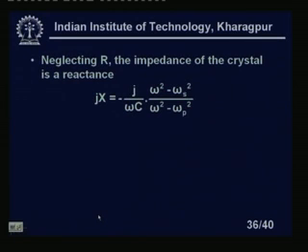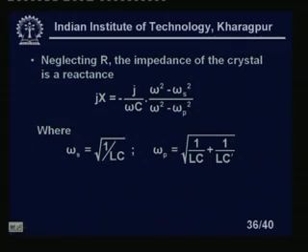Now, neglecting R, the impedance of the crystal is a reactance which can be given as j by omega C into omega square minus omega s square upon omega square minus omega p square, where omega s and omega p are the series and the parallel resonance of the circuit, where omega s equals 1 by root LC and omega p equals root of 1 by LC plus 1 by LC dash, right.